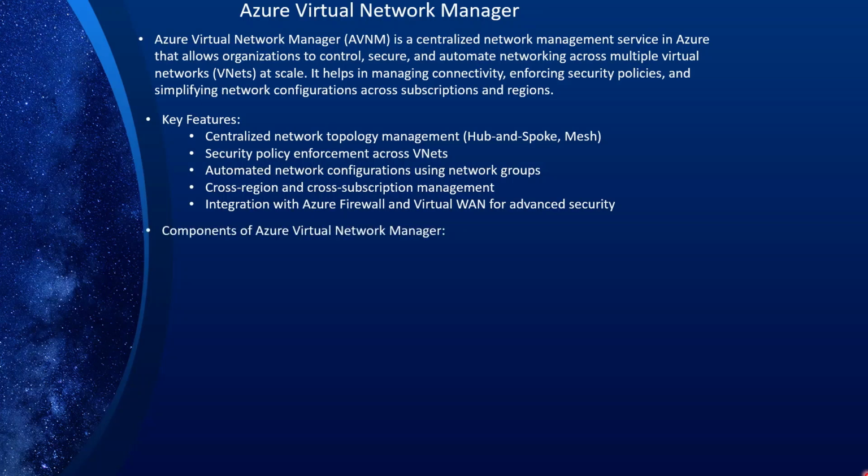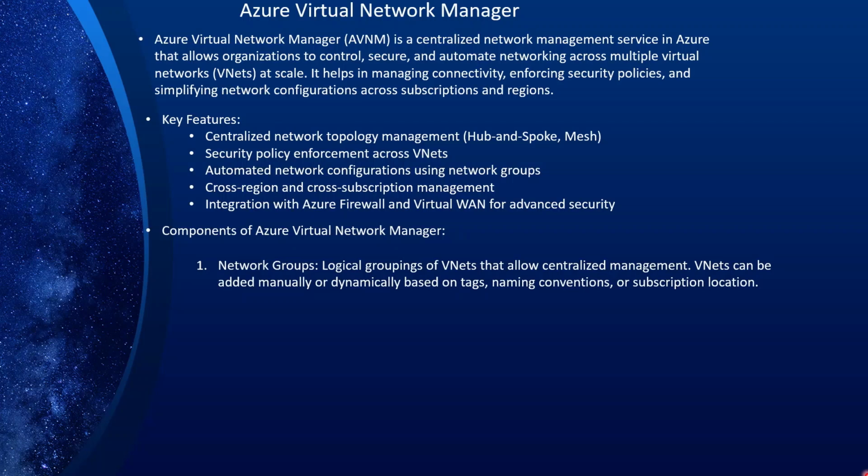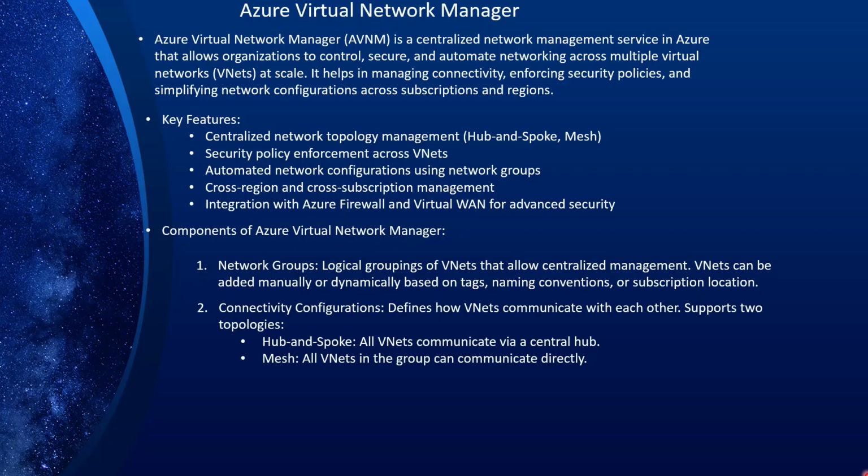Some of the components of Azure Virtual Network Manager. The first one is network groups, logical groupings of VNets that allow centralized management. VNets can be added manually or dynamically based on tags, naming conventions, or subscription location. Connectivity configurations define how VNets communicate with each other and support two topologies, as mentioned earlier: hub and spoke, where all VNets communicate via a centralized hub, or mesh, where all VNets in the group can communicate directly.